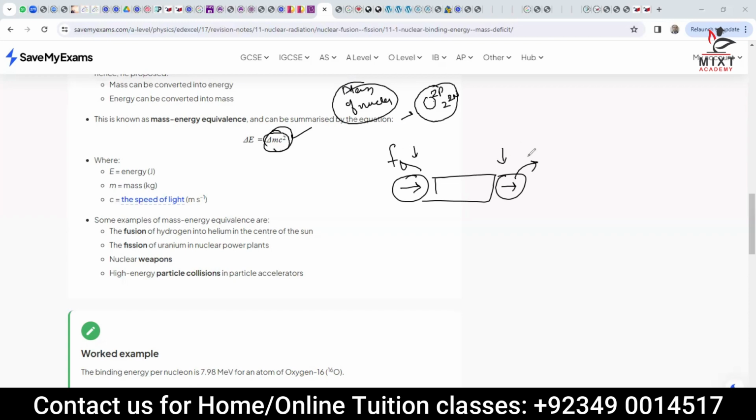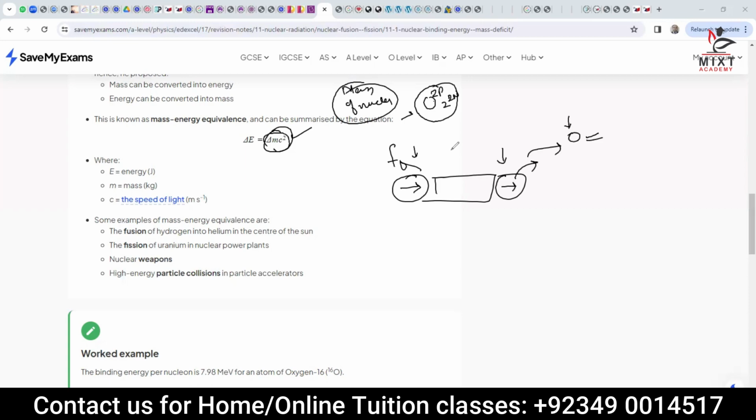When we found the energy by using the deficit mass with mc square, the energy is the same. It verifies that E equals mc square is actually applied here.